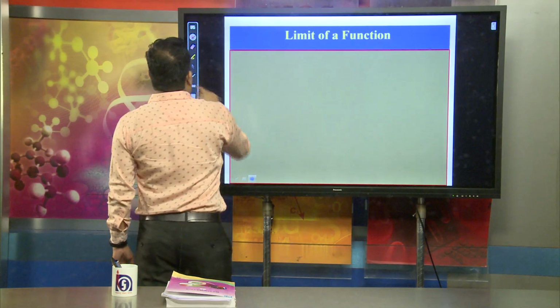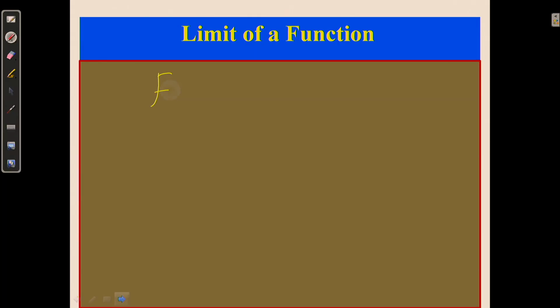Suppose f of x equals x square minus 1 by x minus 1, okay. And the behavior of this function at x equal to 1.